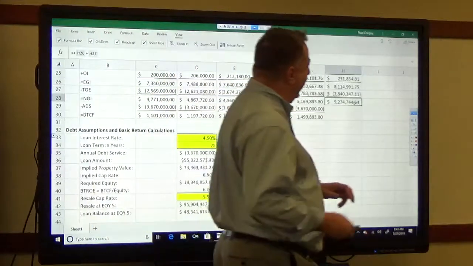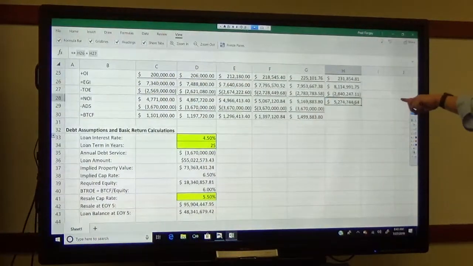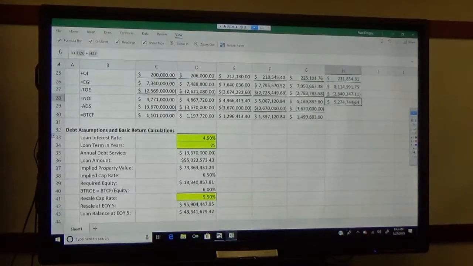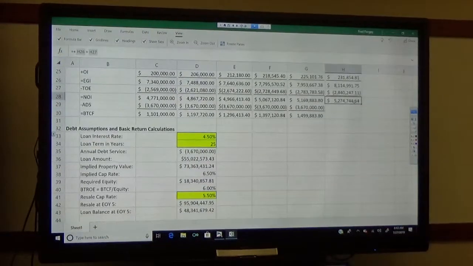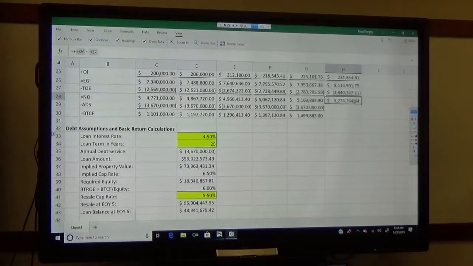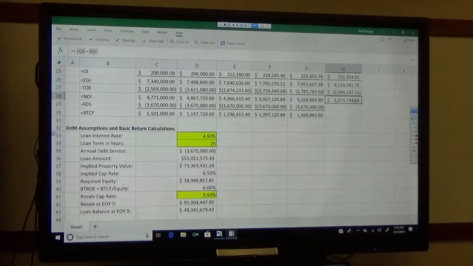But to find our resale price, we're going to take that 5,274,744, and we're going to say, okay, once again, our cap rate over here was, I think what we said, 6.5% or was it 5.5 or 6.5? 5.5%, and then solve for what would be the implied value, okay?